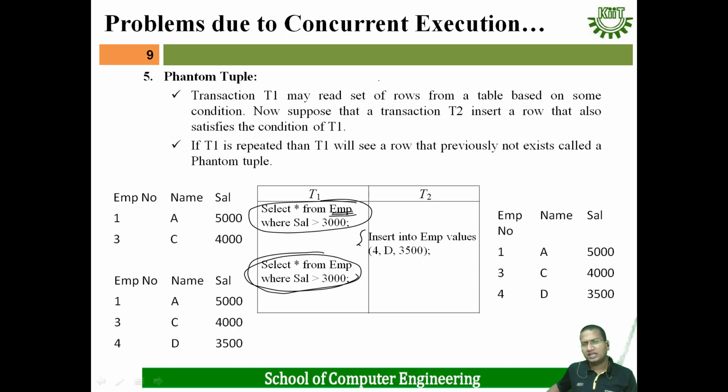If in between any other transaction updated some data items in that database, then the results will be different from the first. The same instruction, the same query, has been executed two times, wanting to see the employee database in both cases, but in between another transaction updated something in that database, so it creates a different view of the database. That is known as the phantom tuple problem.